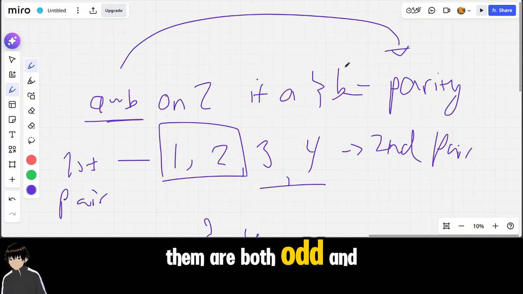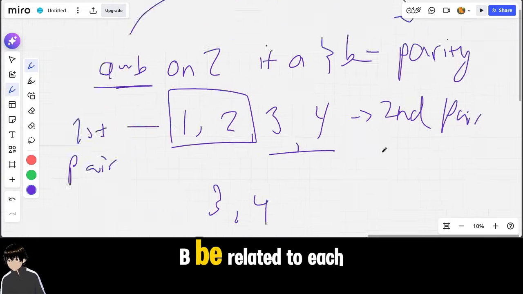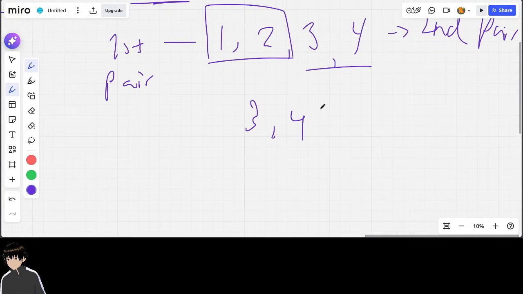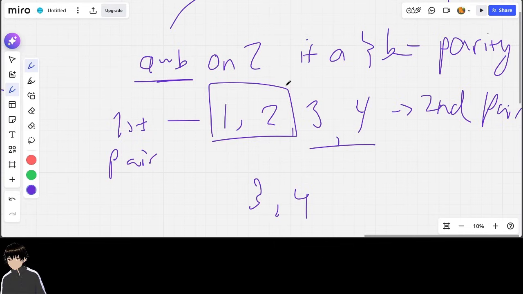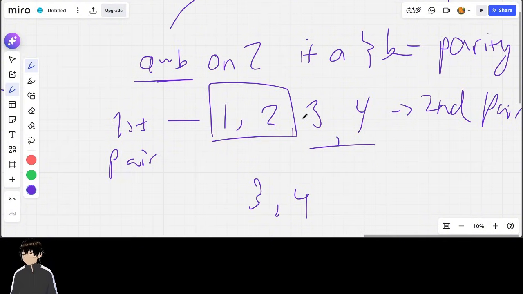Only if both of them are both odd or both even will A and B be related to each other. And we're trying to find 3.